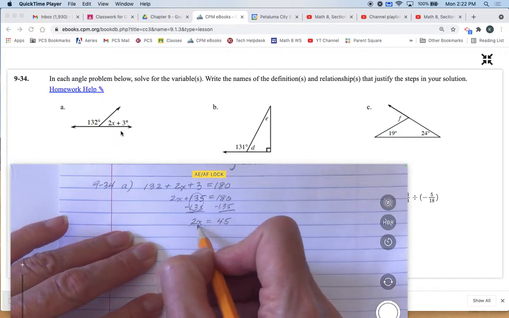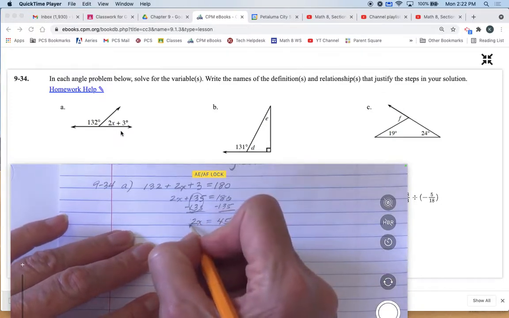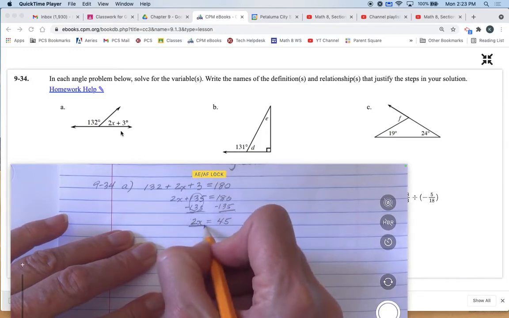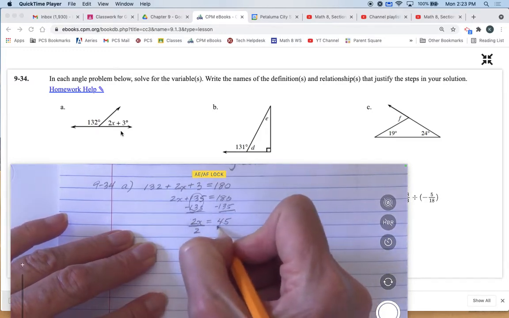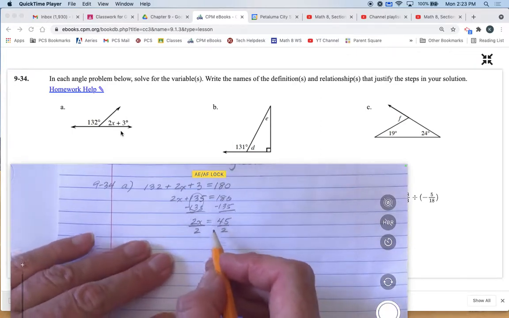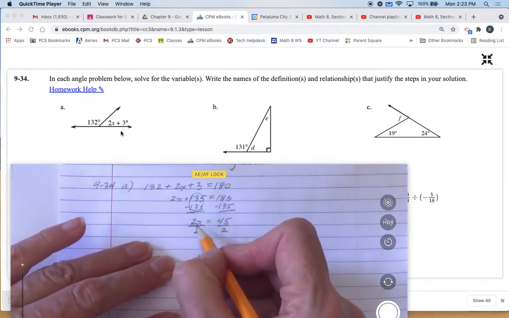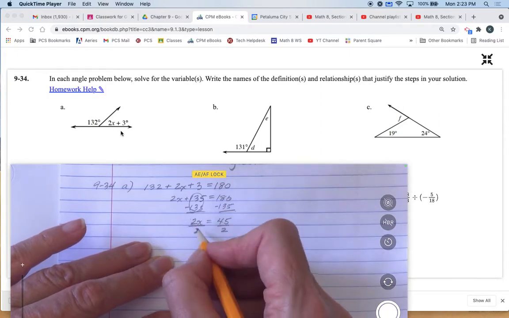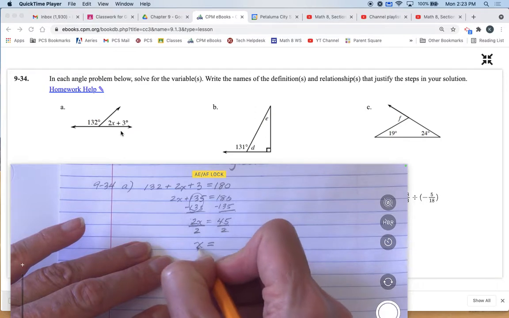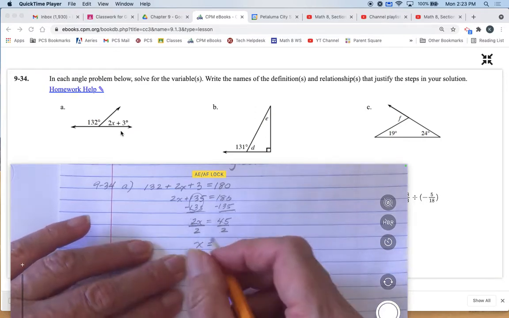And we need to, again, isolate the x. And so we're going to undo this multiplying relationship by dividing. So we'll divide by 2, again, on both sides, because we have to do that with an equation. And now we've got 2 divided by 2, which is equal to 1, and 1 times x is just x.